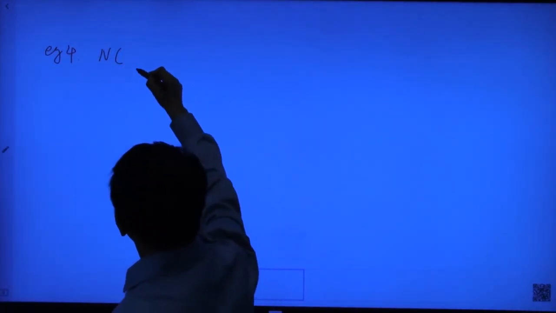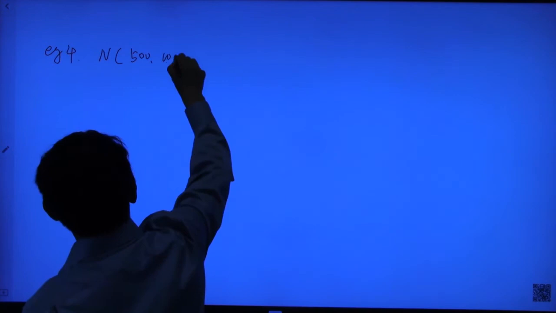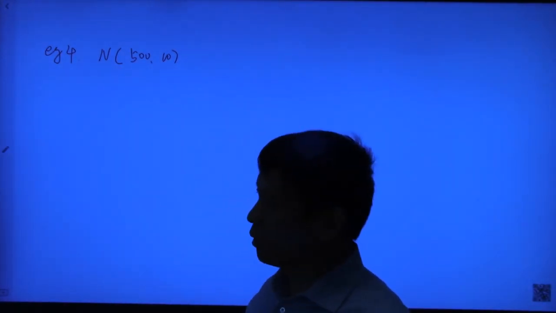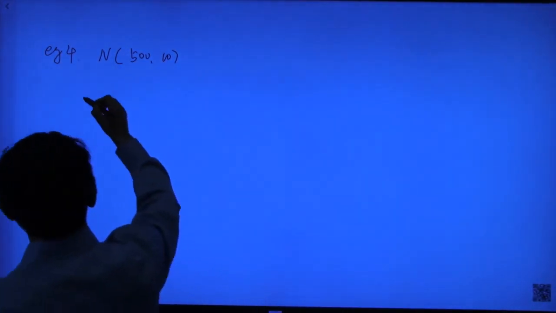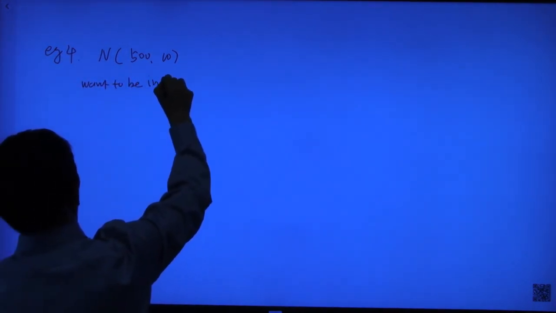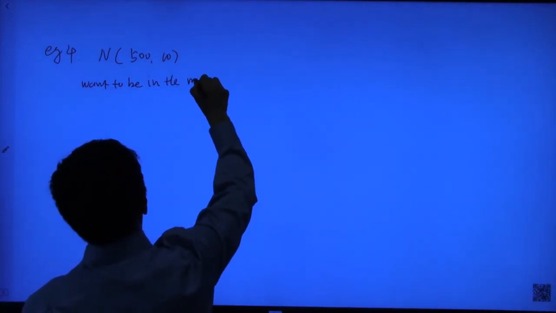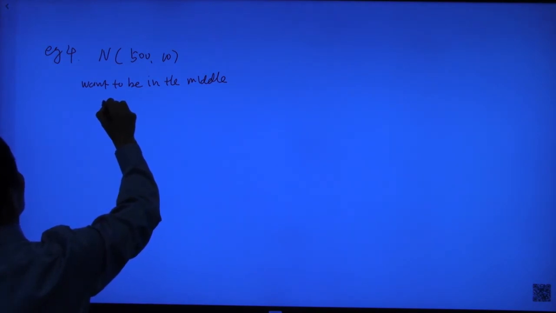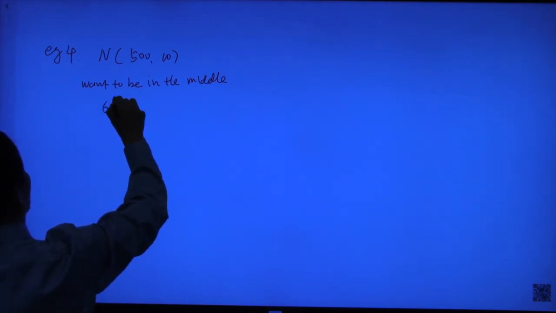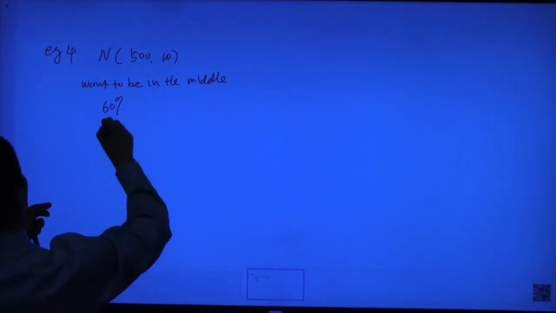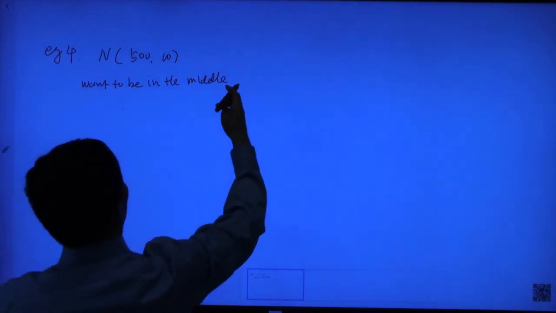We still use the same example, 500 and the standard deviation equals 10. If you want to be in the middle, for example, 60%. All right, let's write 50%, right in the middle, 50%.